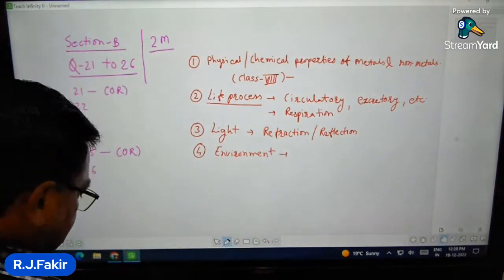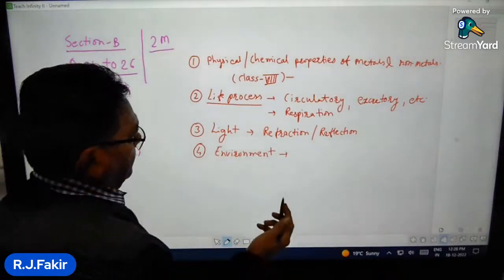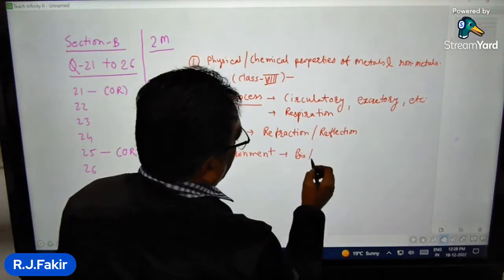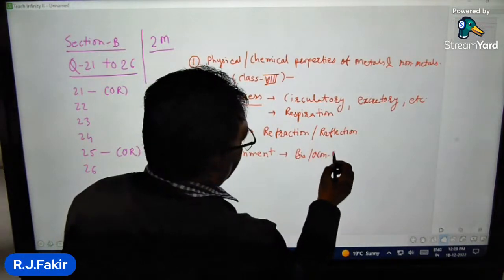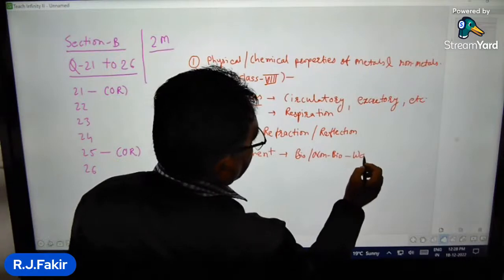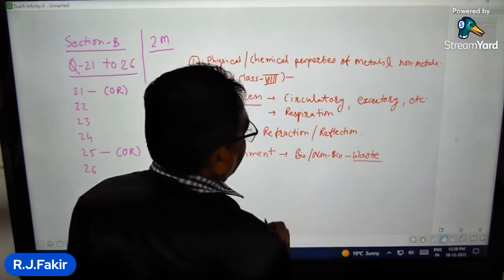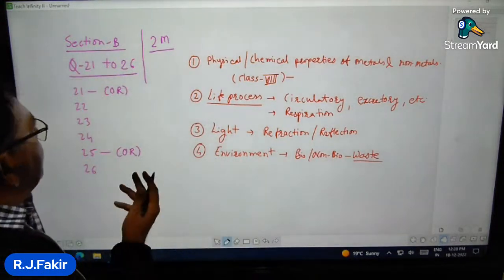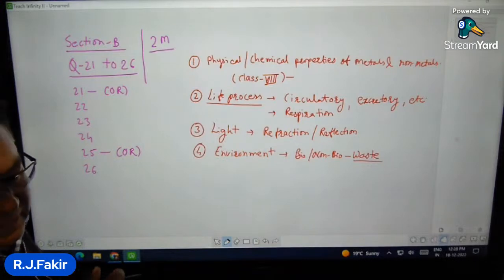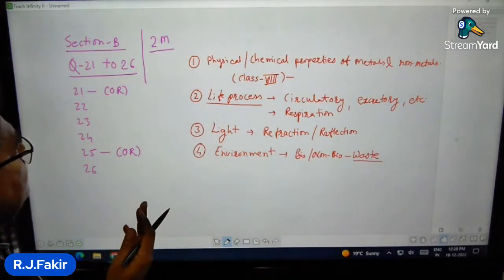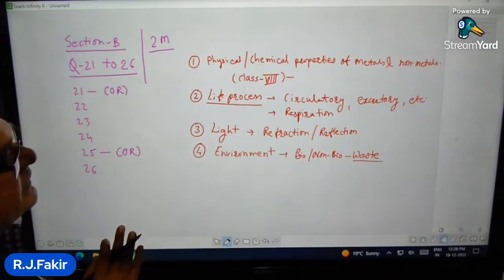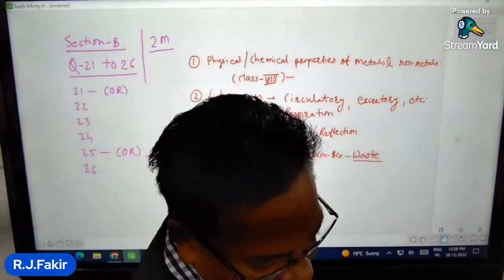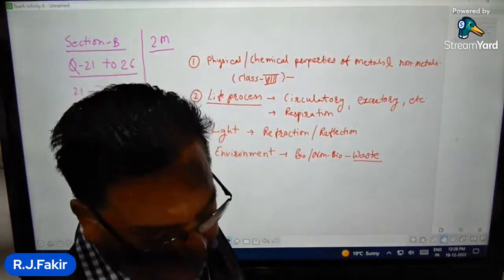Environment based topic means like biodegradable and non biodegradable waste materials, how we can dispose them and other things. But as this is a 2 mark section, you should be able to explain at least 2 points for 2 marks. That will be a sufficient answer.